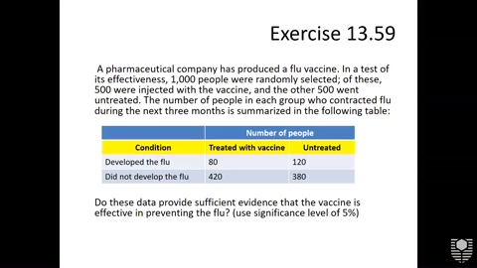Some of them said, no, we are not going to take the vaccine because there is no effect. But we want to test our belief, whether, if you're treated with the vaccine, there is any chance to reduce the chance of getting flu. So let's go, population proportion, right?